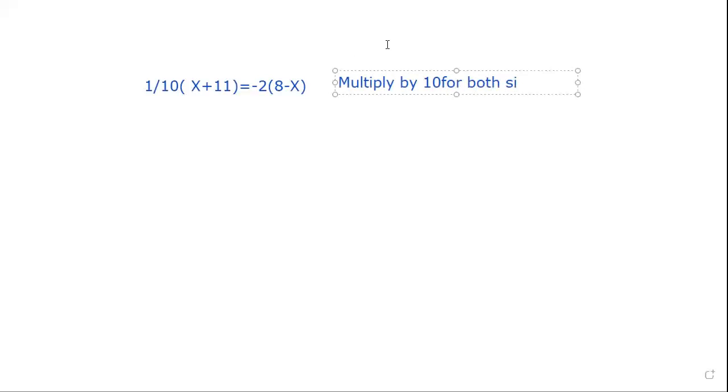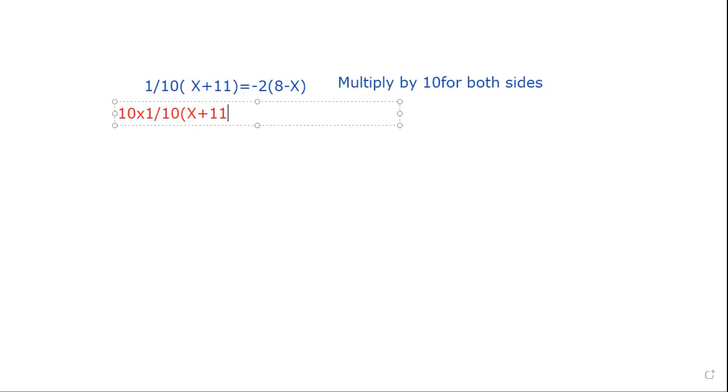Then we will multiply by 10 for both sides. Down here, we are going to multiply by 10. It will be 10 multiply by 1 over 10, and then we have the parentheses, x plus 11.